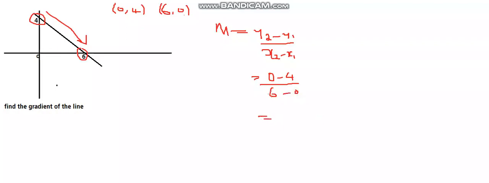This gives 0 minus 4, which is negative 4, divided by 6 minus 0, which is 6. Now we need to reduce this. 2 can go into 4 and into 6. So 2 into negative 4 is negative 2, while 2 into 6 is 3. So the gradient is negative because the line is sloping downwards.